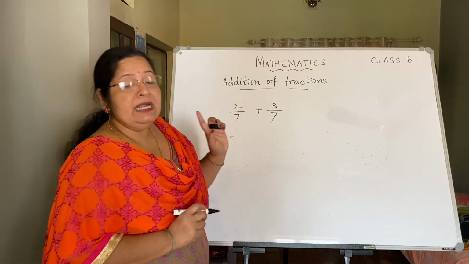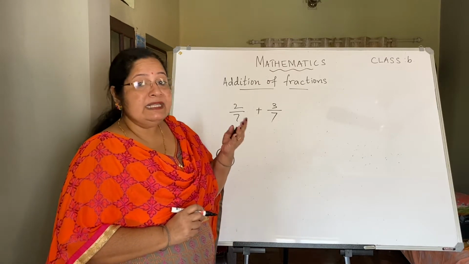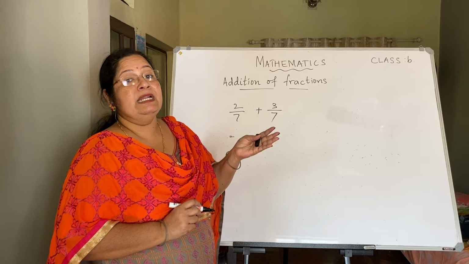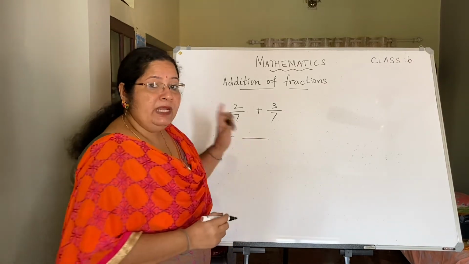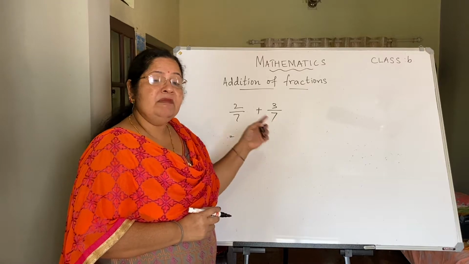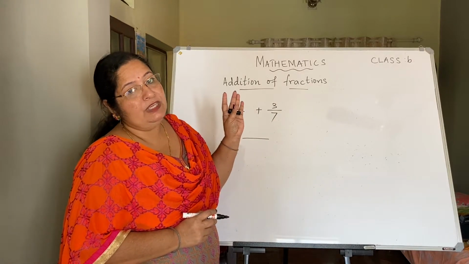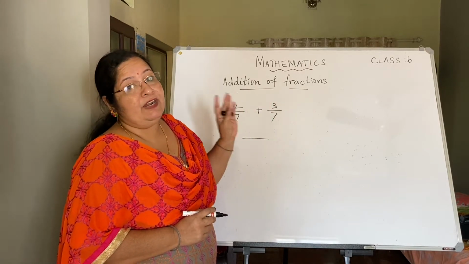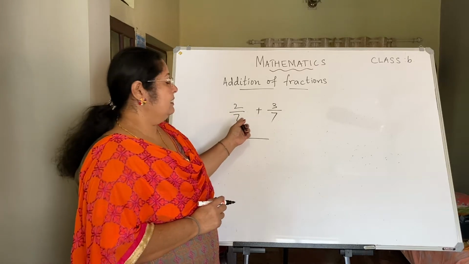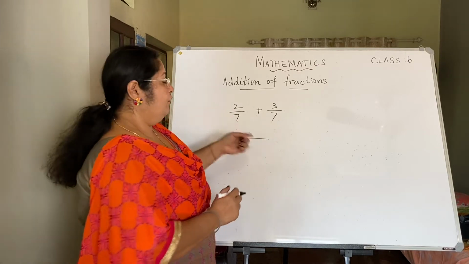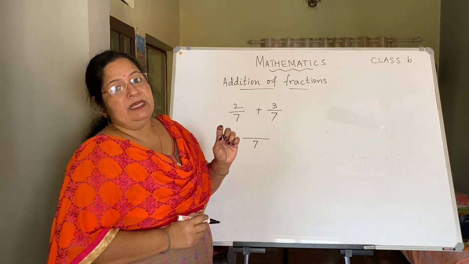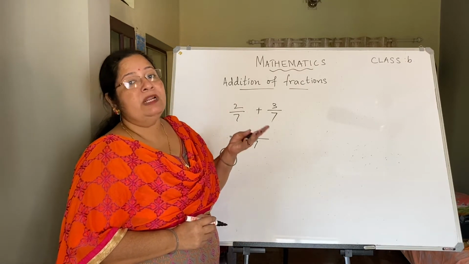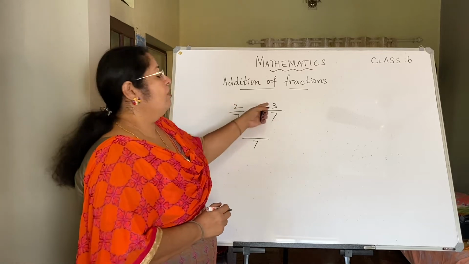When you add like fractions, the resultant fraction, that is the answer you are getting, the denominator will be the same denominator as that of the given like fractions. So here what is the denominator? 7. So for the resultant also, the denominator will be 7 and the numerator will be the sum of the numerators.